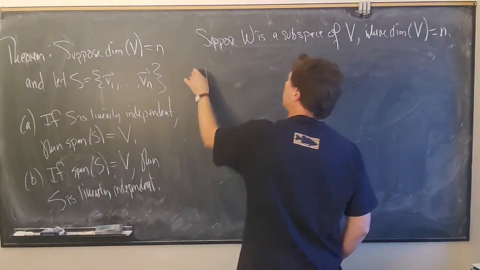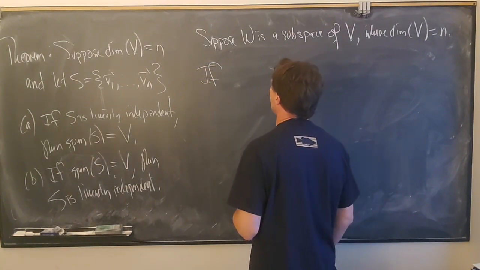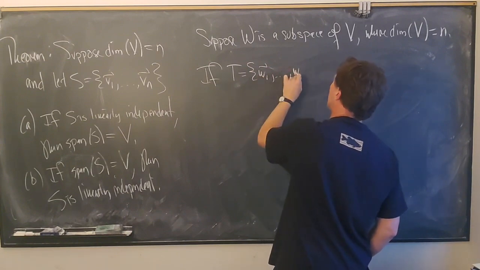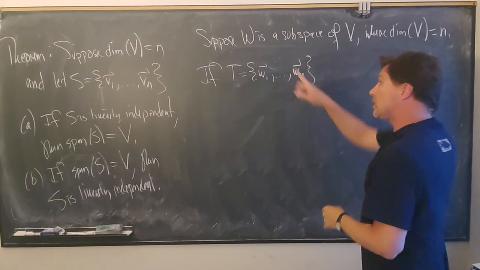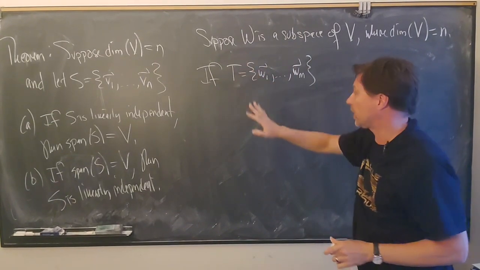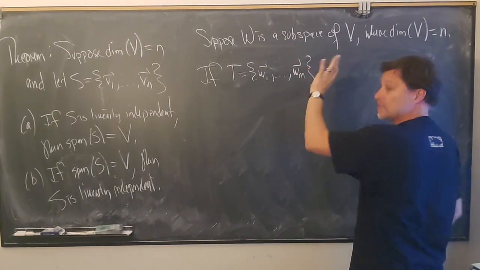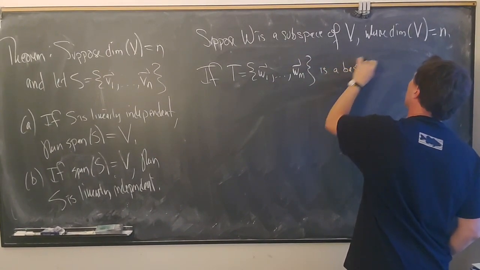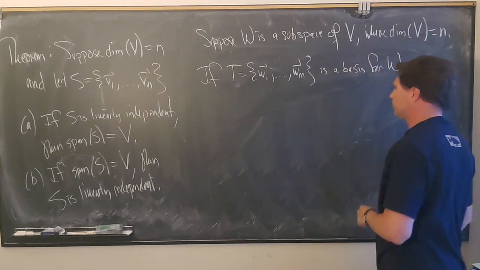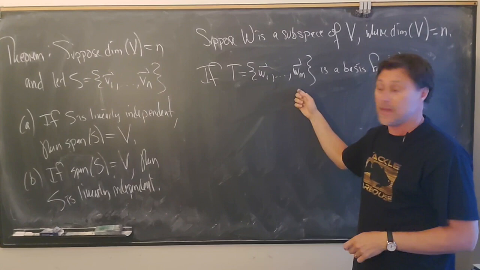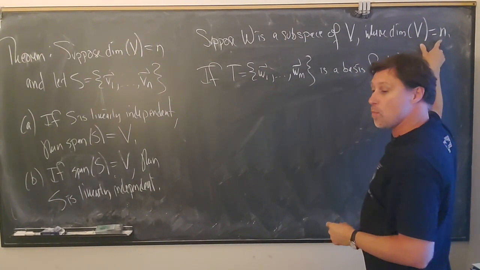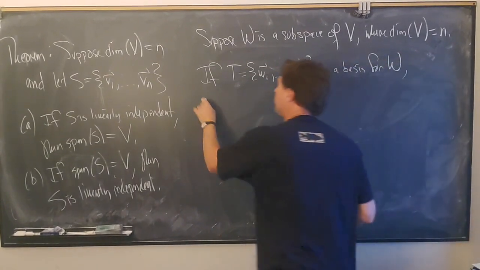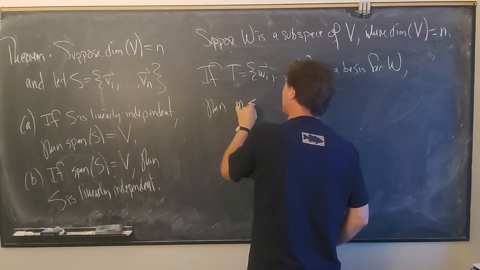Now, let's say T equals W1 up through W sub M. Remember, W is a vector space, and since it's a subspace, that means it has a basis. So if this is a basis for capital W, that means that it's linearly independent. Inside V, we can have no more than n linearly independent vectors. So if T is a basis for W, then M has to be less than or equal to n.